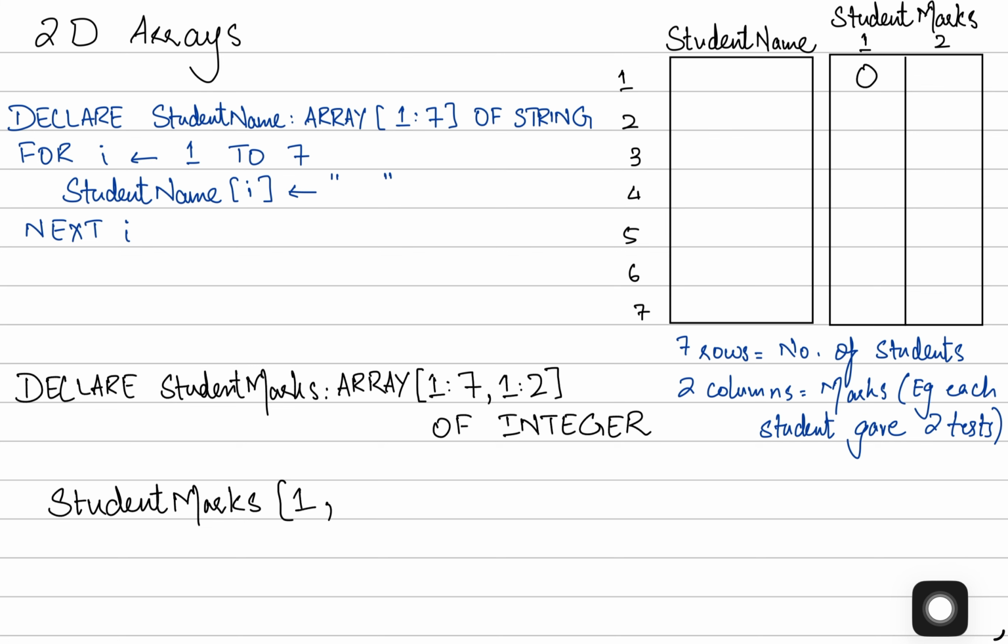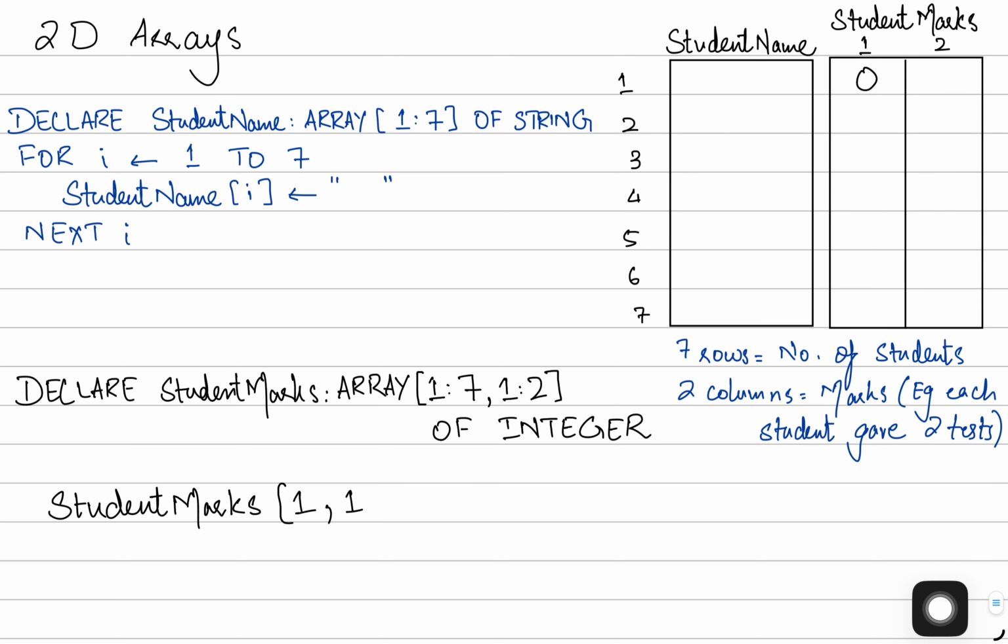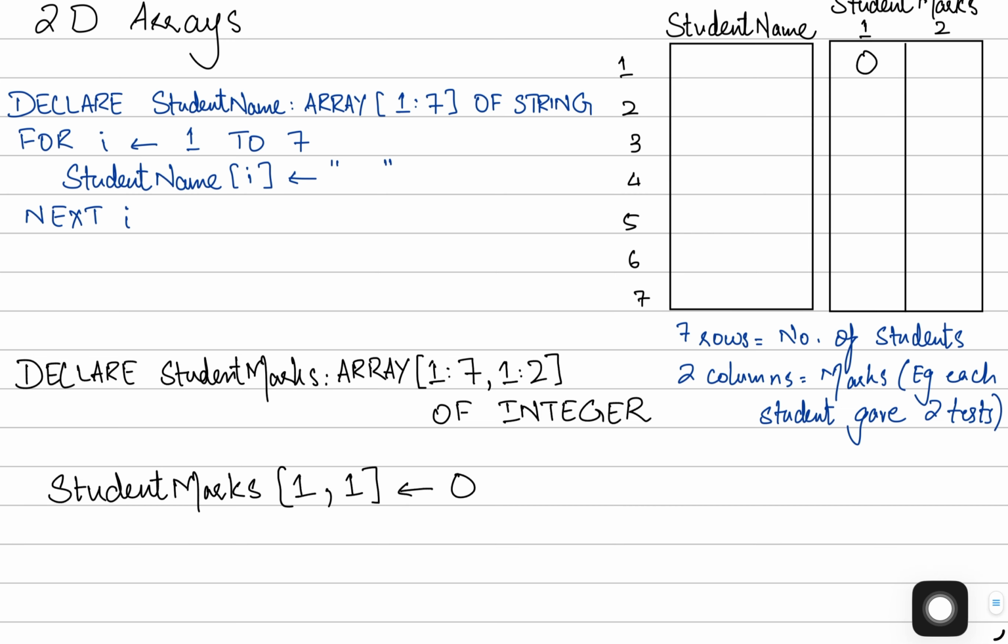Which column is it? It's column 1. And I'm going to assign it a value of 0. If I want to assign the same thing to the second column, I'll just erase this one and write 2 over here. So it's going to assign this 0 over here as well.